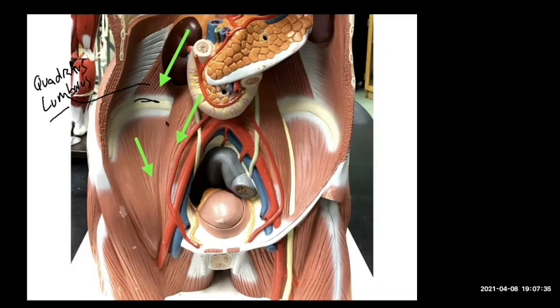And then these two muscles, your deep core muscles here, your iliacus and your psoas major, both insert onto the lesser trochanter. So that's why they're often called the iliopsoas muscle.